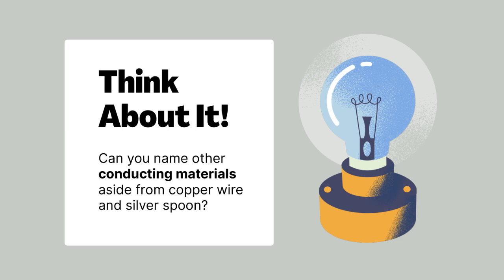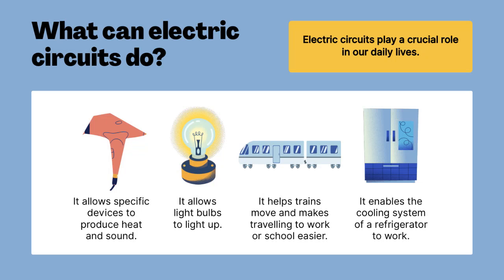Remember, the key is to see if the material allows electricity to flow through it and power the bulb. So, I encourage you to try different materials and observe what happens. This activity ties back to our overall theme, understanding what makes a good conductor and how we can use that knowledge in real life.